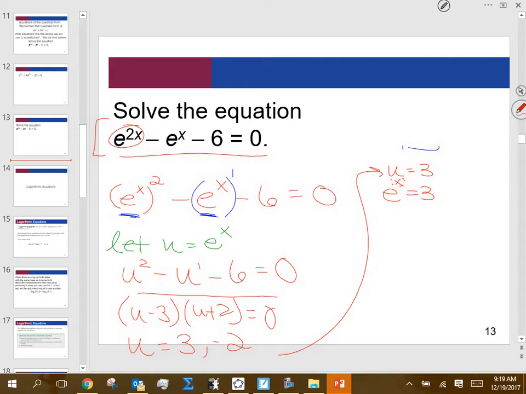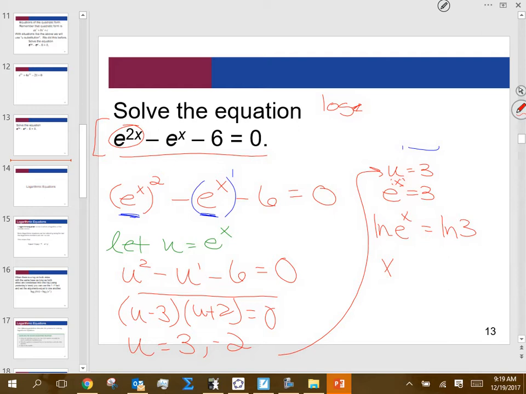Now, which one would be the most appropriate since e is the base of my exponential? Natural. So I'll use natural. I'll take natural log on both sides. Okay. And if we remember from Friday or Thursday, ln of e to the x is just what? Just x. Okay. If you guys remember log base e, that's ln.